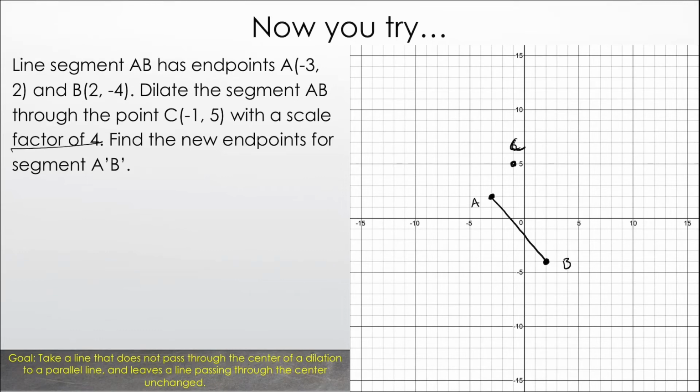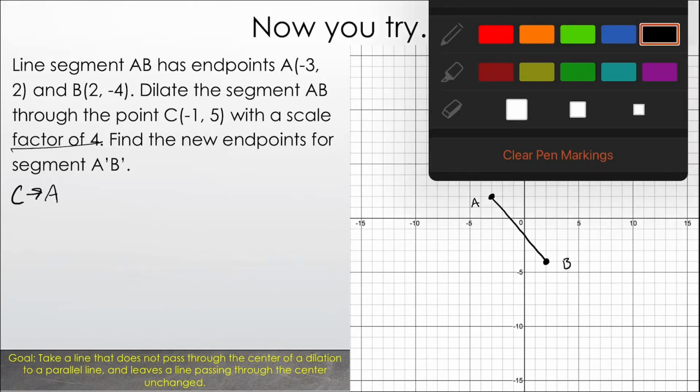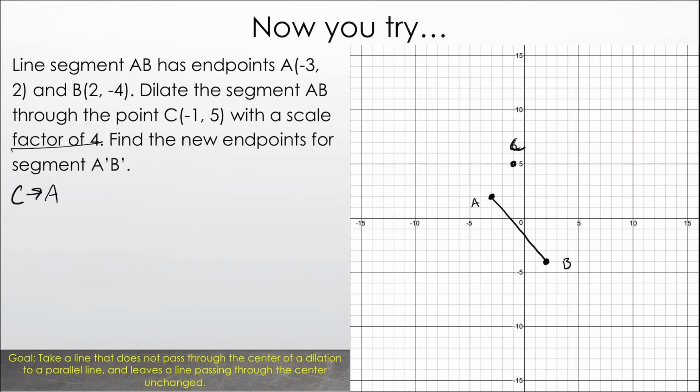Okay, let's go. I'm going to go from C to A. To get from C to A, I'm going to go 2 to the left and 3 down. My scale factor is 4, so I multiply each of those by 4.